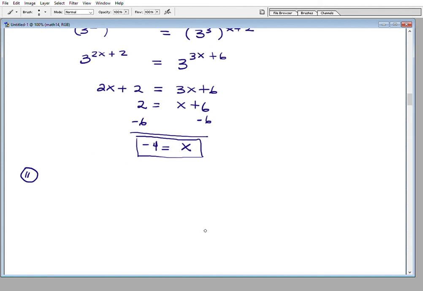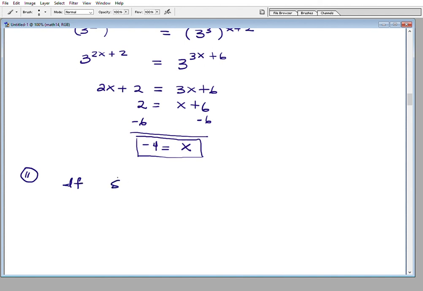Okay, so let's continue with the exponent type equations. Okay, so we had something like this. One of those investment problems.